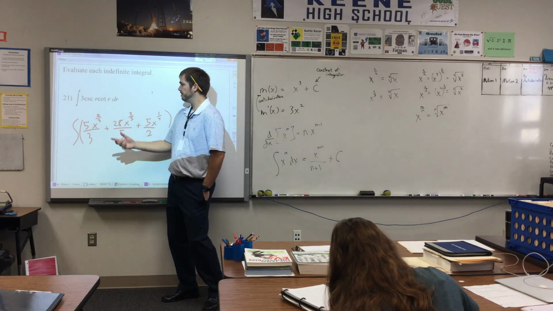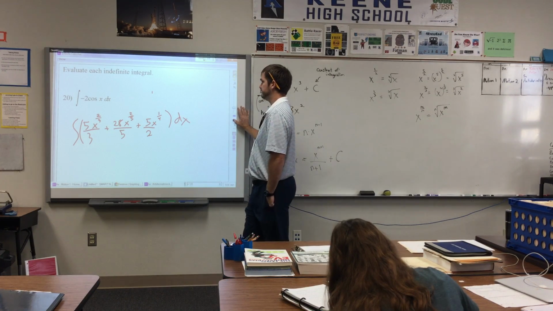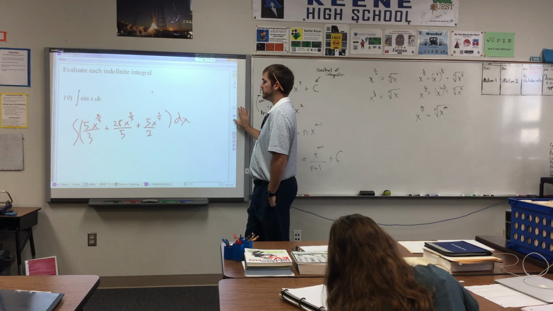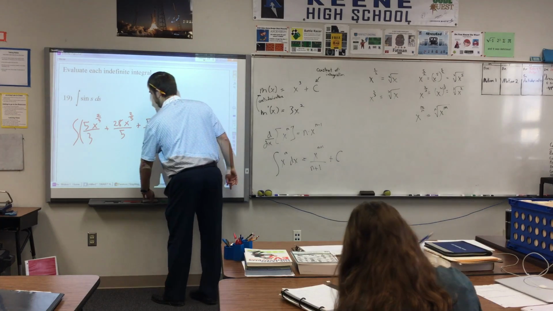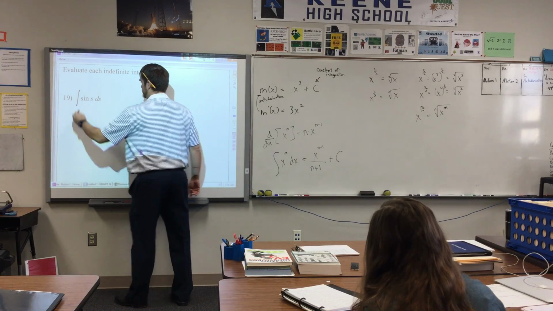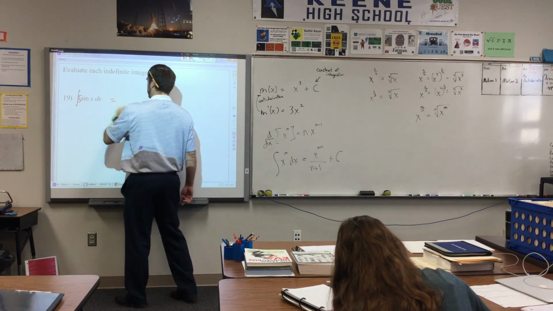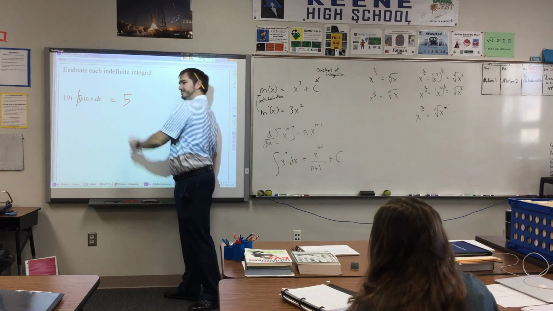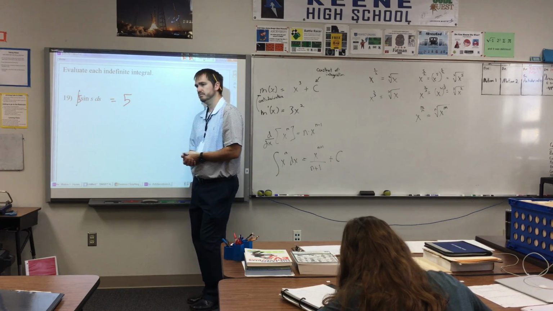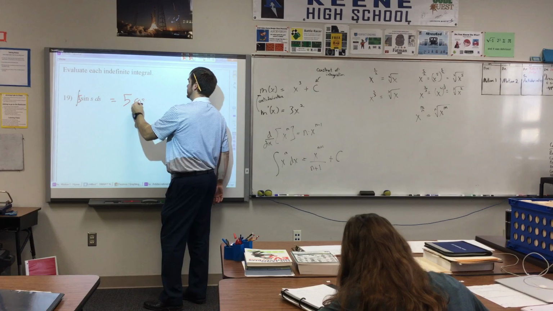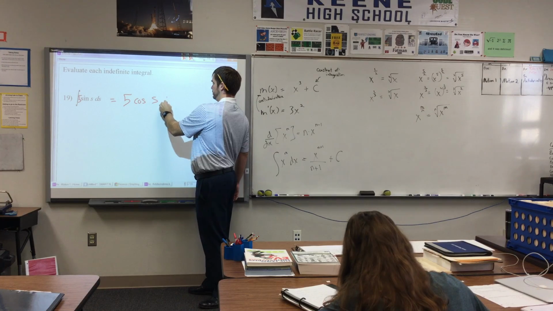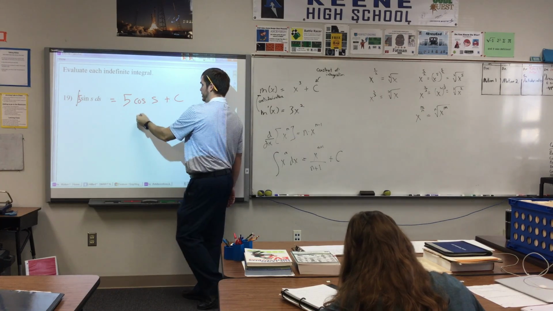Could we work out a problem with a number in front of one of the trig functions? So why don't I just modify 19 to have a 5 in front? So you just keep 5, and then just ask yourself, what is the antiderivative of sine? It's negative cosine S, plus C. Now let's check our work, okay?